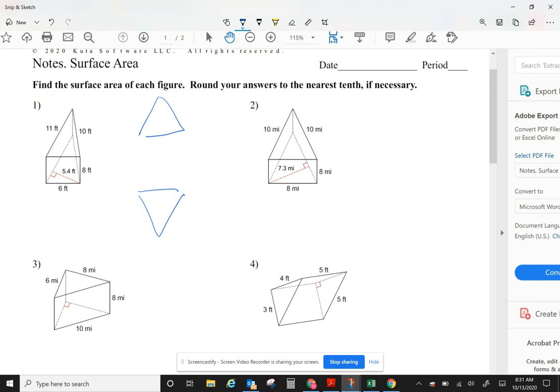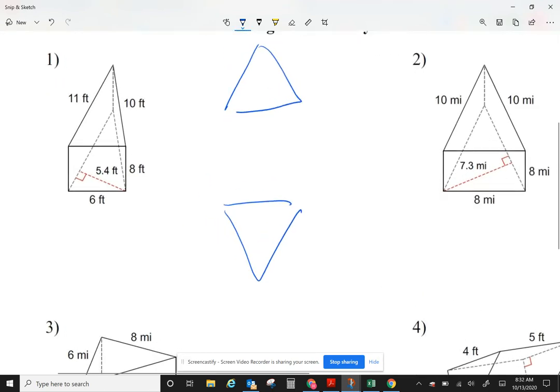Now, I know for the area of a triangle, I'm going to multiply the two numbers that meet at the 90-degree corner. So I'm looking for the 90-degree corner. The two numbers that meet at the 90-degree corner, in this case, are 5.4 and, on the other side, 11. I'm getting it from here.